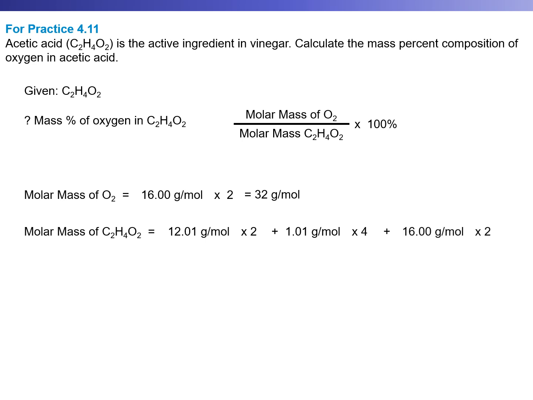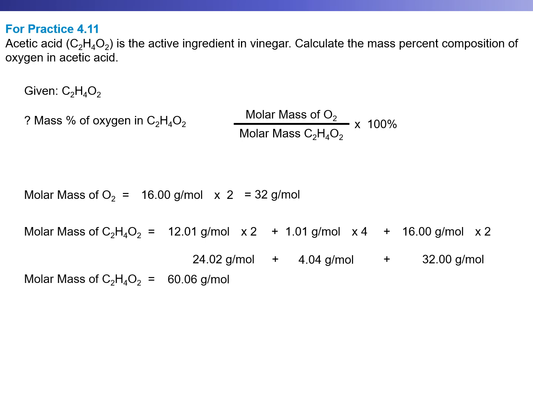And I like to go ahead and do the multiplication just to get that out of the way. So 12.01 times 2 is 24.02, 1.01 times 4 is 4.04, and 16 times 2 is 32. Now we can add all this together, and that will give us the molar mass of a molecule of acetic acid. So now we've got the 2 values that we need to plug into this portion of our formula.